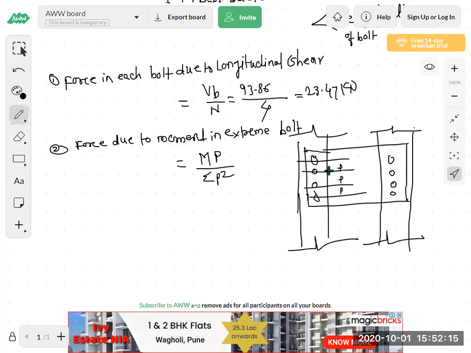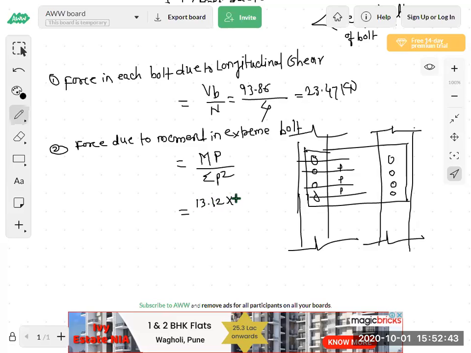In this way, 3 pitches are there. So the pitch distance we have calculated is 40. Movement into pitch: how much movement have we calculated? 13.14 kilonewton meter.